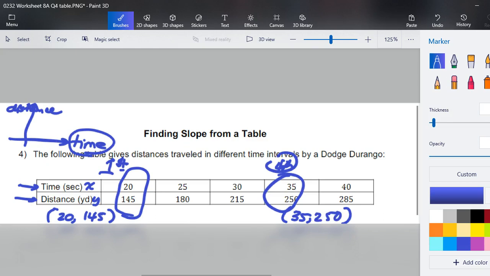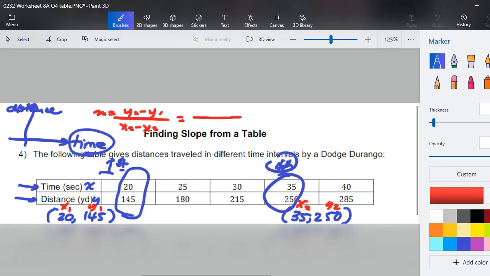Part B asks us to calculate the slope using these points in the first and fourth columns and leave your answer as a reduced fraction or integer with the appropriate units. I'm going to write my formula, which is the change in y over the change in x. I'm going to label x1, y1, x2, y2.